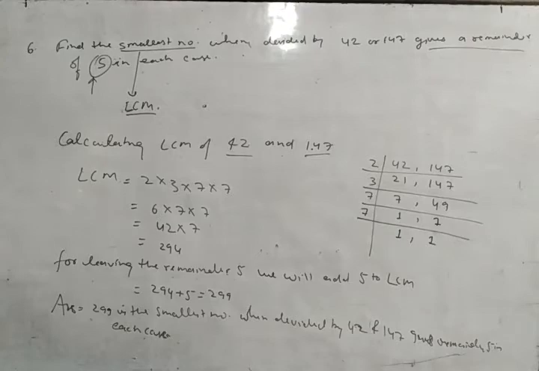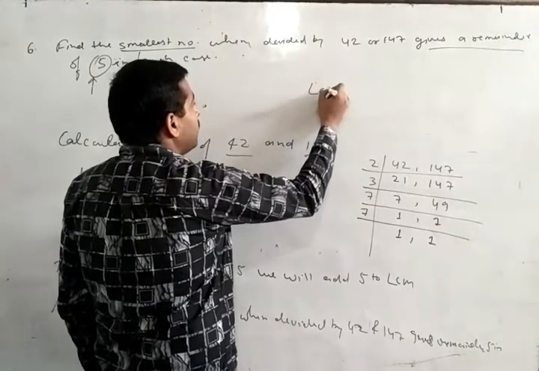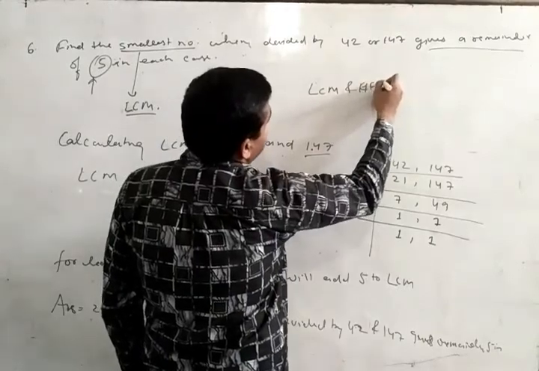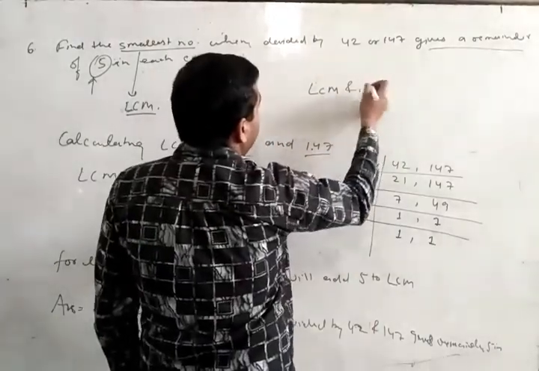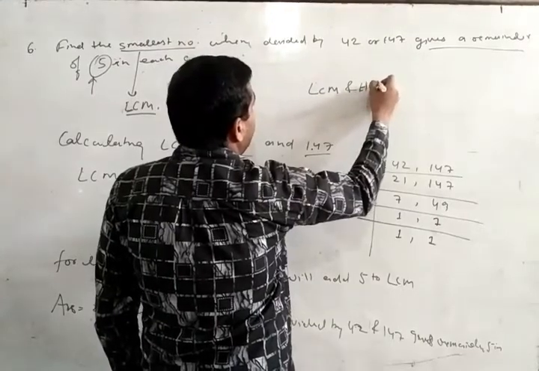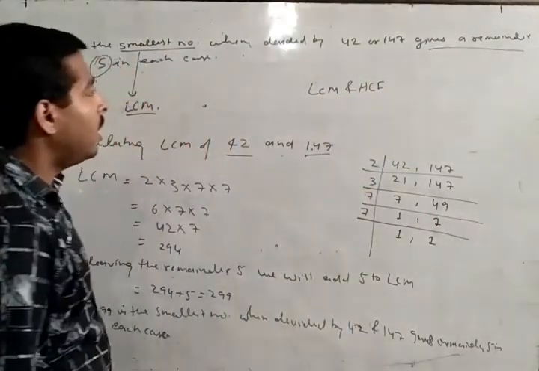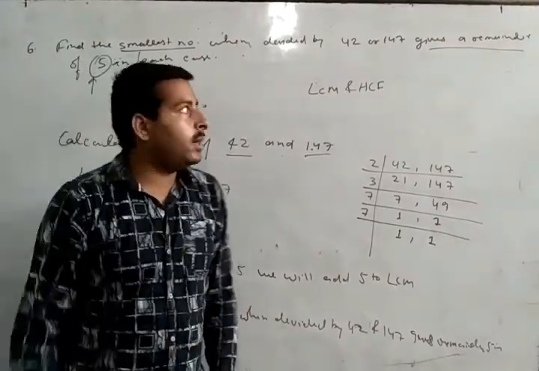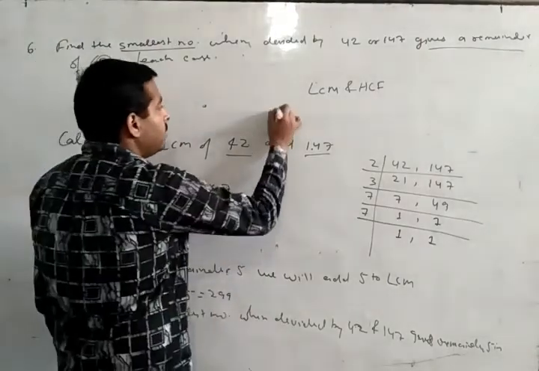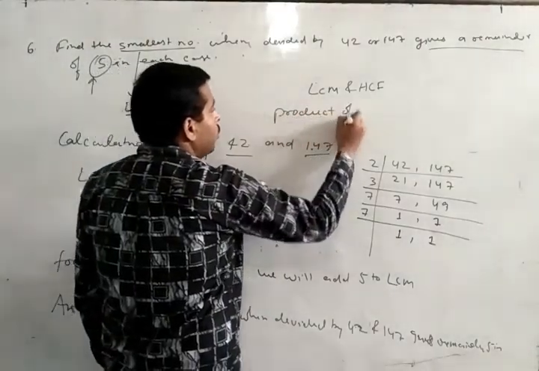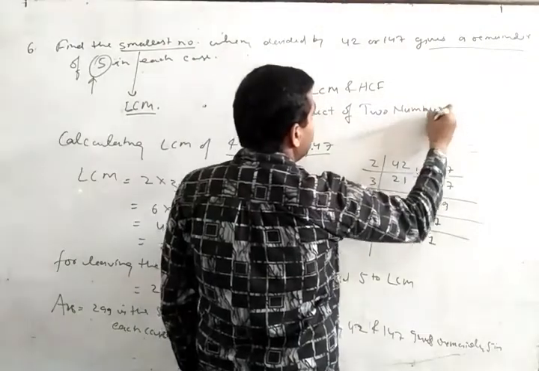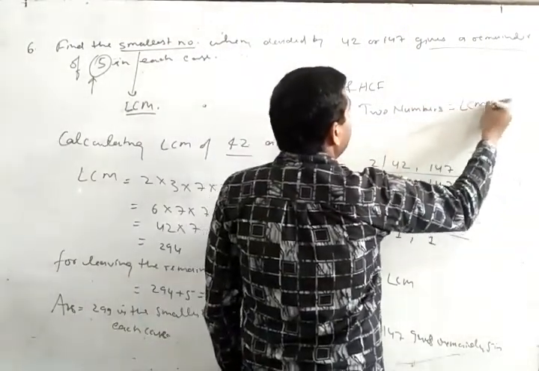One more thing which I want to tell you: if you are given the LCM and HCF of two numbers and you have been asked to calculate the product of the two numbers, then there is a formula: product of two numbers is equal to LCM cross HCF.